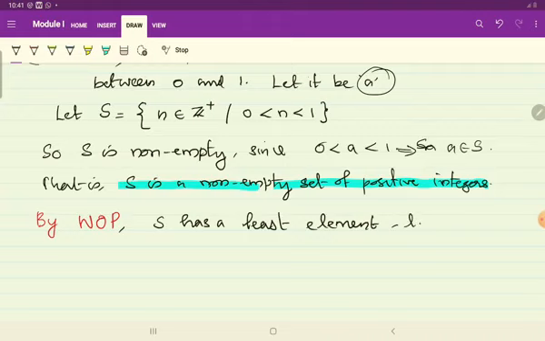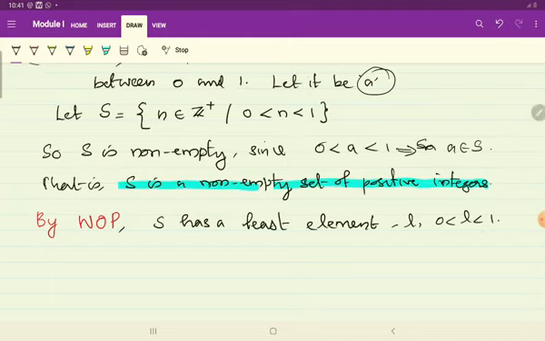Let it be L, where 0 less than L less than 1. That means L is the smallest positive integer between 0 and 1.